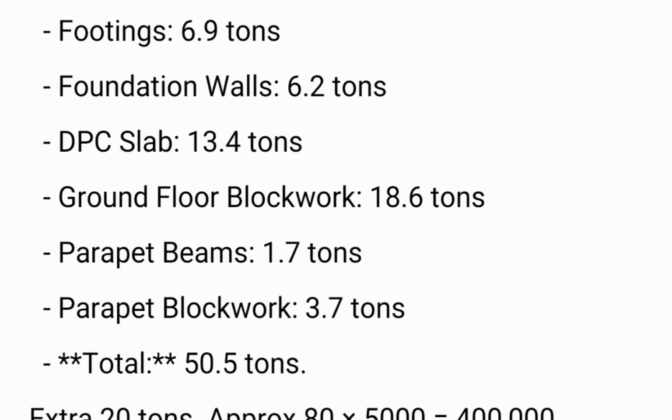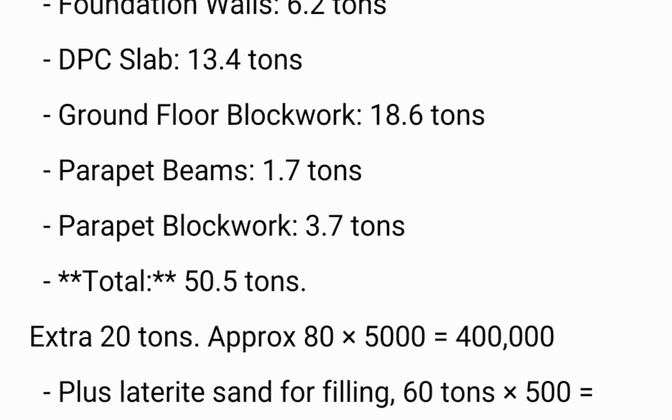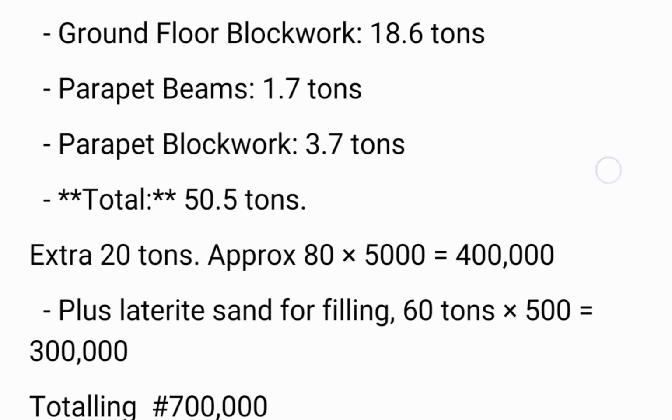When you talk about block work, you are talking about laterite sand. When you talk about filling, you're talking about laterite sand. Take note of that. Parapet beam sharp sand 1.7 tons, parapet block work 3.7 tons, total 50.5 tons of sand.